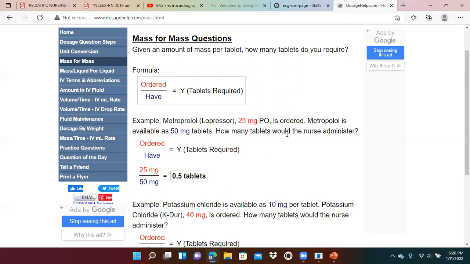How many tablets would the nurse administer? So the total number of tablets equals the doctor's order, 25, divided by the medication available in hand, 50. 0.5 tablet we need. This is the answer.